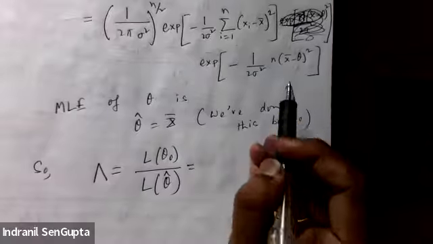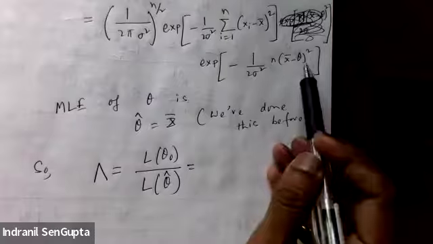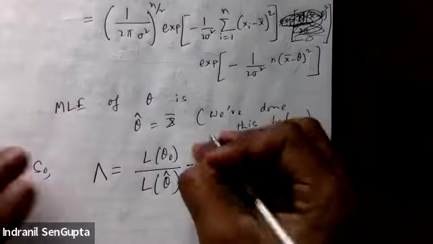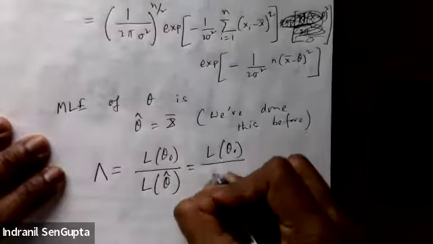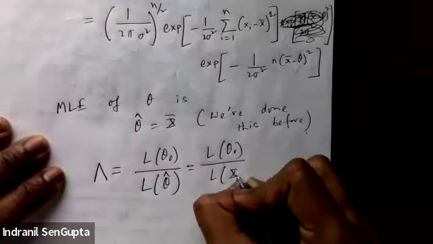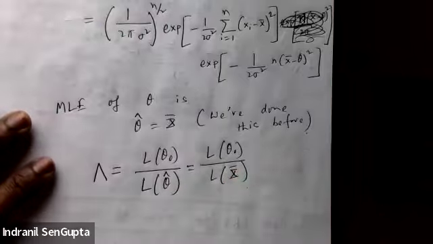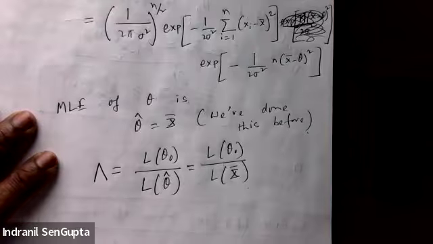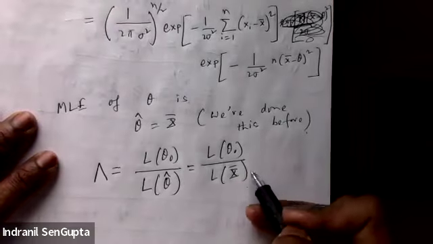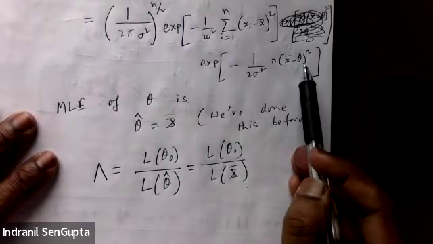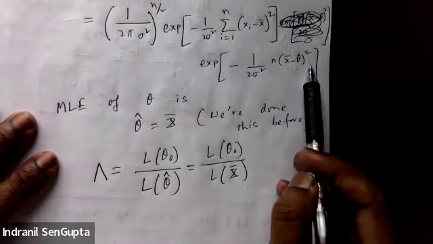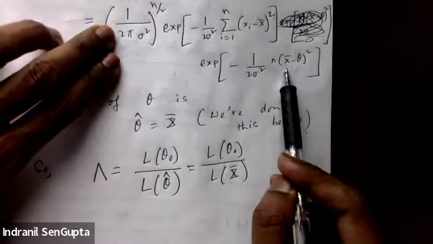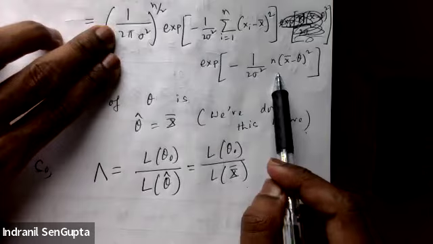So the only place in this expression will be (x minus theta 0) squared. And then the denominator is L of x bar. Now, L of x bar will of course be, so this will go away. For the denominator, only the numerator term survives, right?